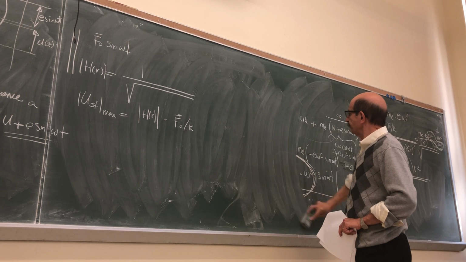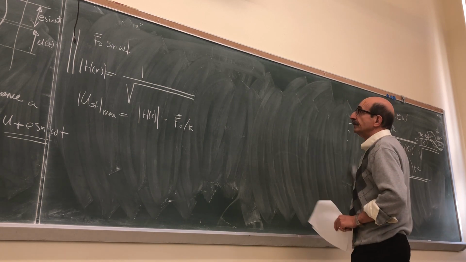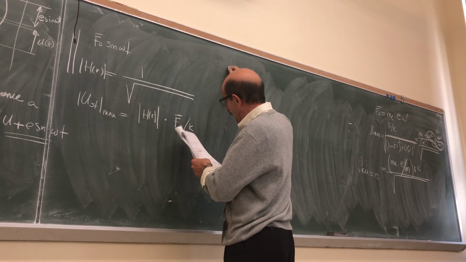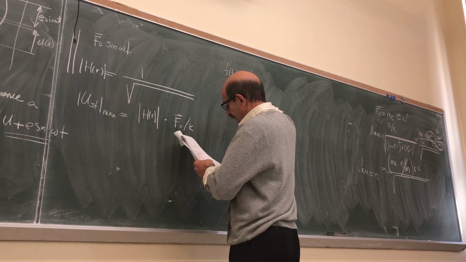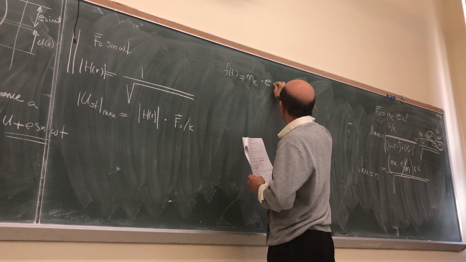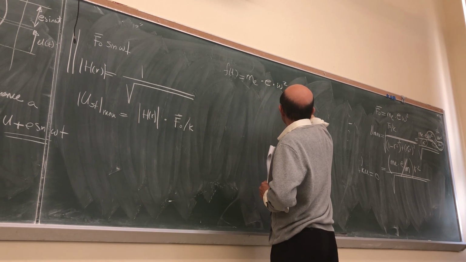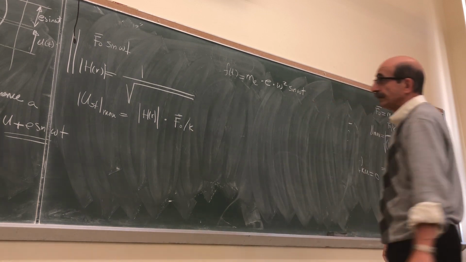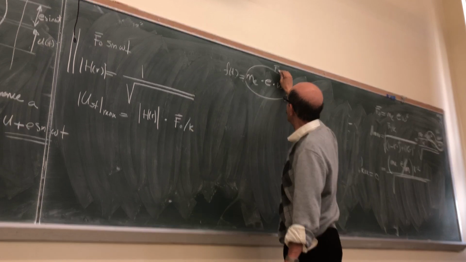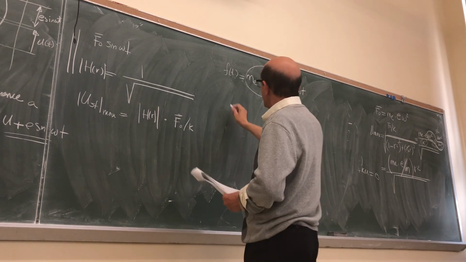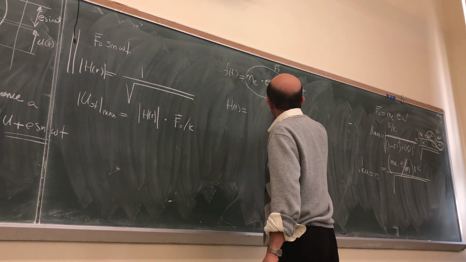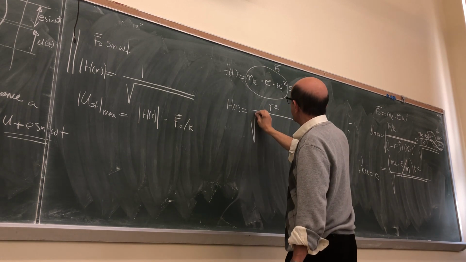So in this case, instead of that we have the forcing function f of t equal to m_e times e omega squared sine omega t. That's what we had. In other words, this is the F0. What you get, H of r, then becomes r squared divided by this, okay?